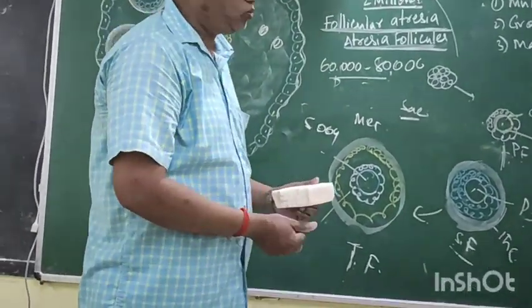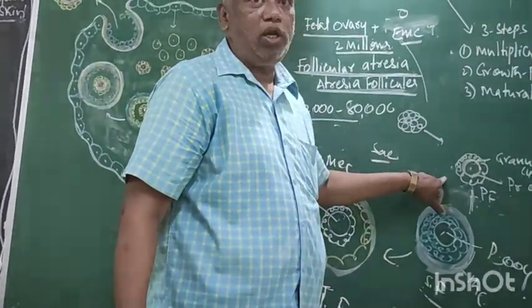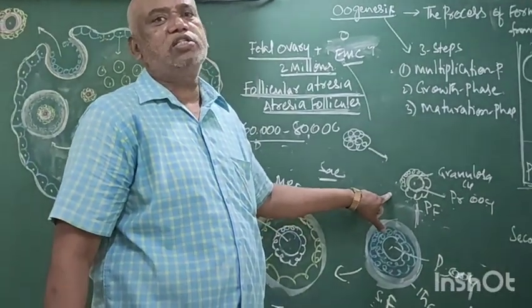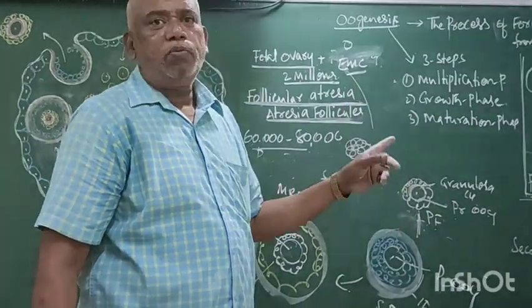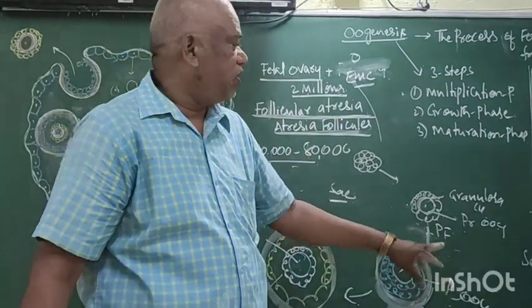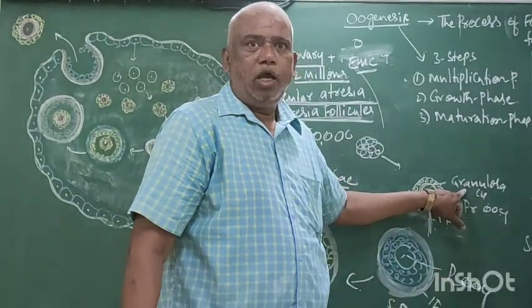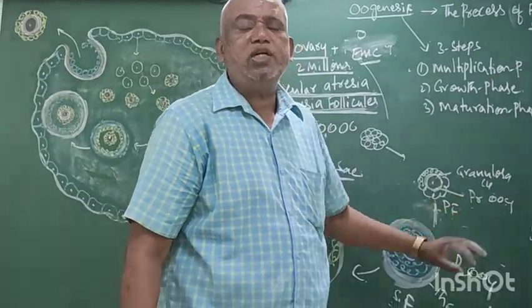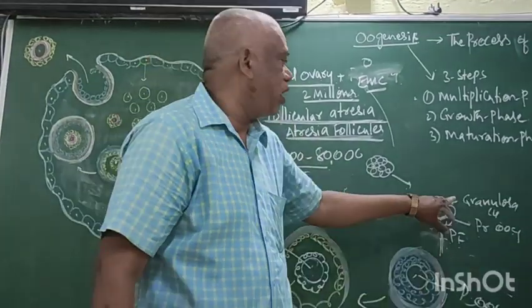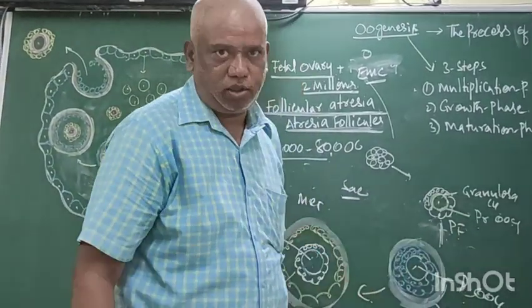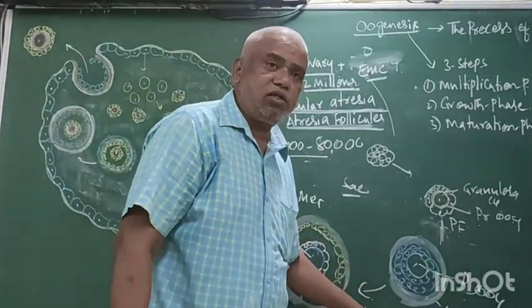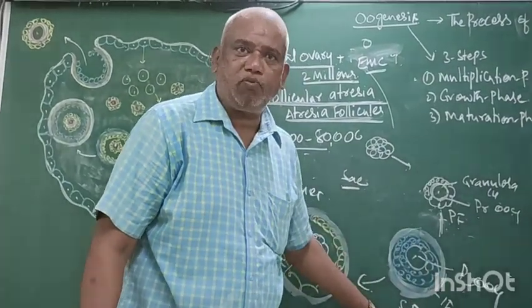Now come to this. Primary follicle. What is the importance? How can I say it is a primary follicle? A primary oocyte covered by a single layer of granulosa cells is called a primary follicle. Primary follicle becomes secondary follicle.